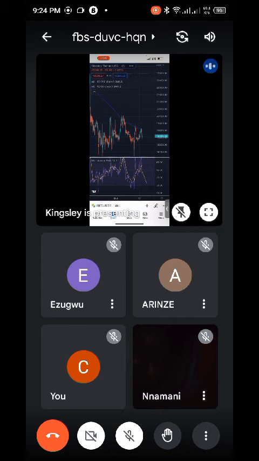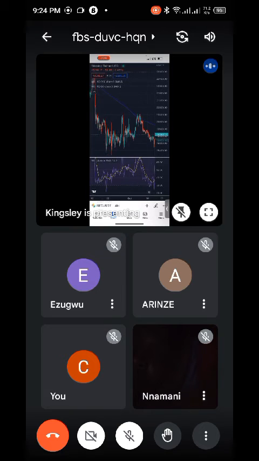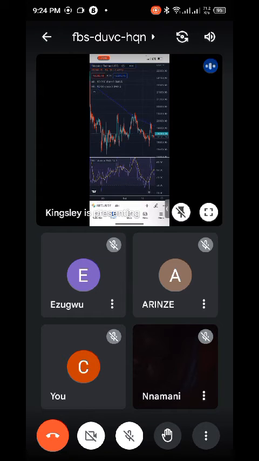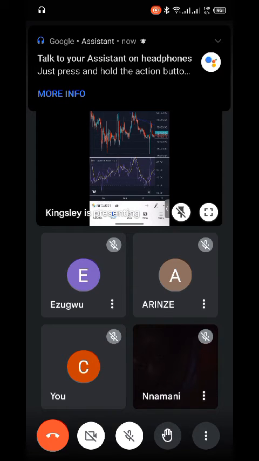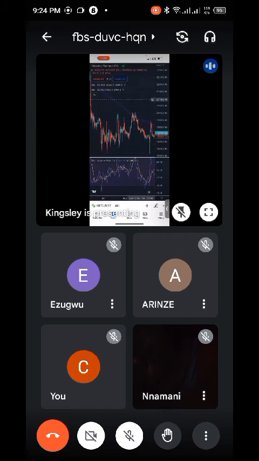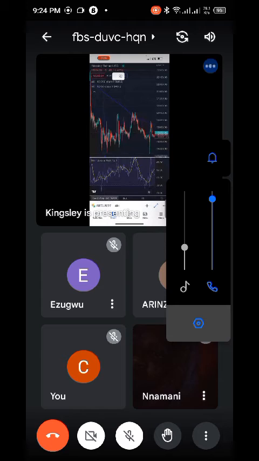RSI divergence occurs when the price of a crypto is hitting a new high or a new low, but the RSI itself is not making a new high or a new low. For example, you see that if BTC is going up like this, RSI tends to follow the same pattern. If we consider the chart from around here, you see that BTC was going up.